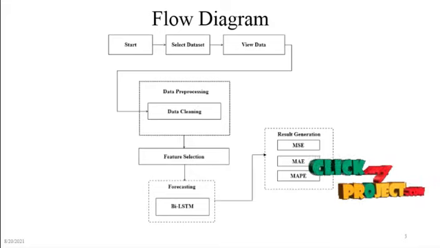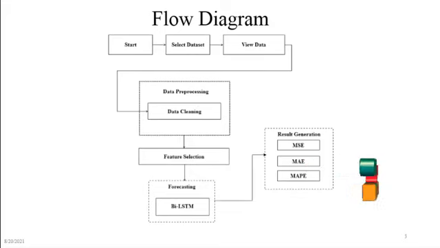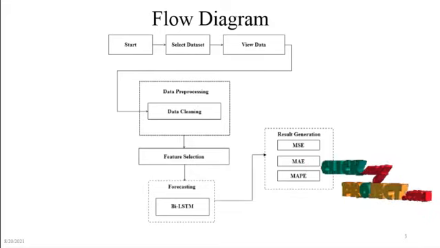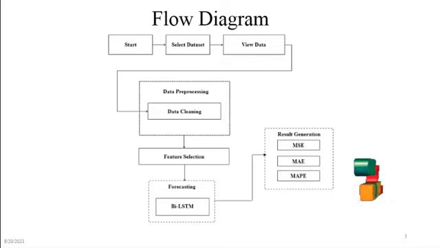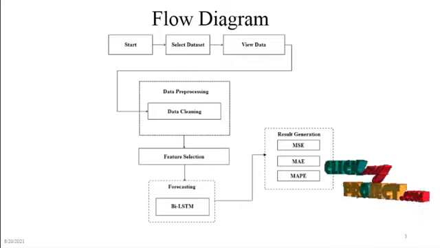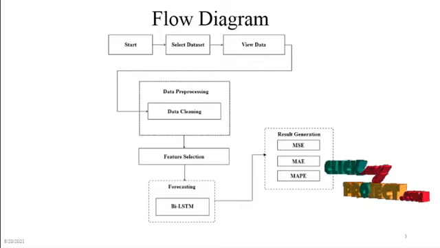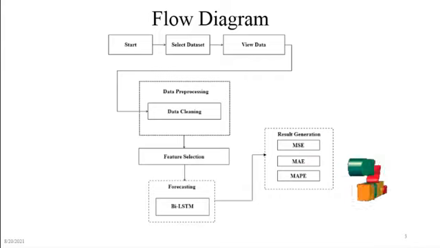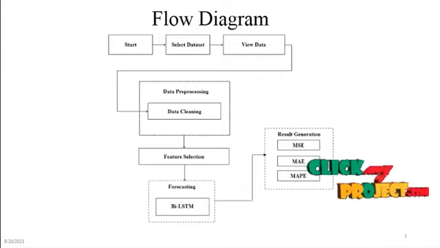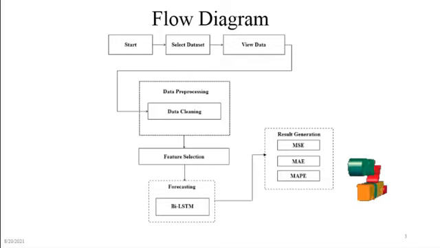The flow diagram of the project is: first we start the program, and we select the dataset as a GNOS climate dataset, then it is applied to the pre-processing method. In pre-processing, we check for missing values in our dataset. If there are any missing values, we replace them with the default value of 0, and then it goes to the feature selection module.